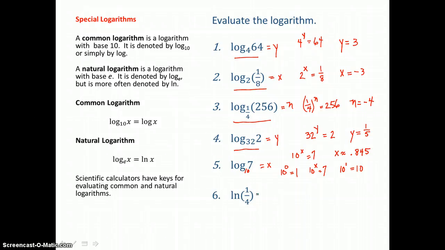Now let's try this one. This is our natural logarithm, natural log base e, and let's say that that has a value of n. So we're raising e to the nth power in order to get 1/4.